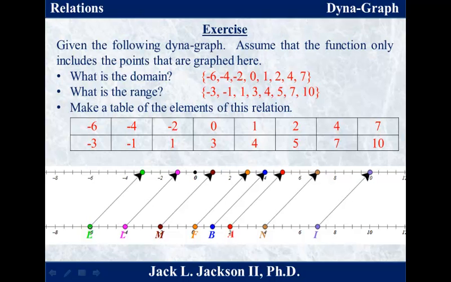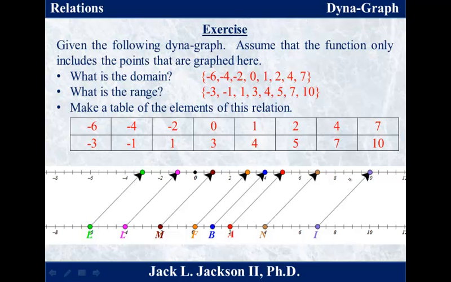It's the set -6, -4, -2, 0, 1, 2, 4, and 7. This is what I have there. The range would be the set of points here. You can read off of this one here: -3, -1, 1, 3, 4, 5, 7, and 10.